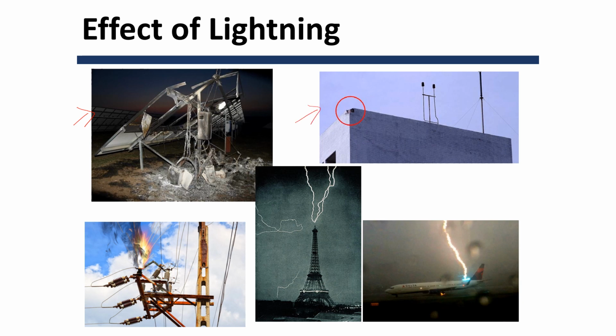You can see our structures, for example the Eiffel Tower, and then our aeroplane and our power line system. So this is one of the reasons that we have to learn about lightning over voltage, in order to overcome this problem of damage.